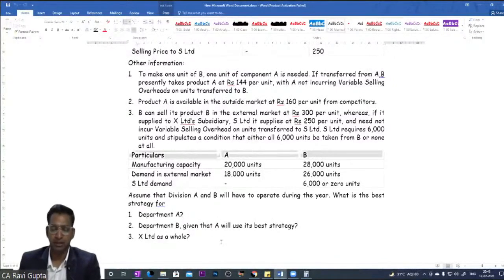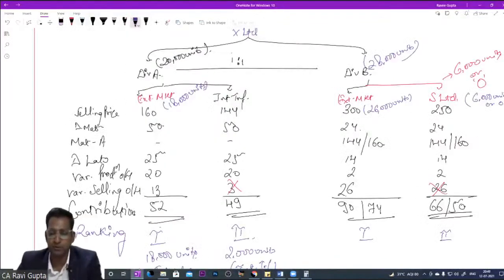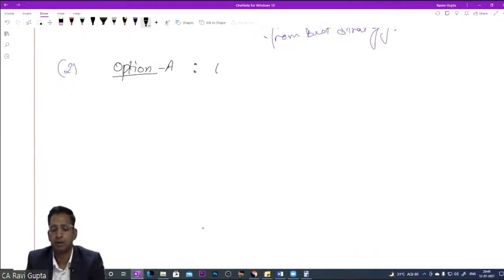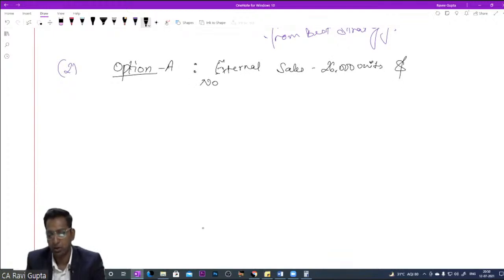In department B, we have two options. Option number 1, option A: external sales 26,000 units and no sales to S Limited.